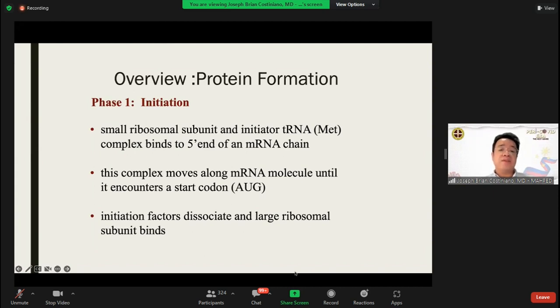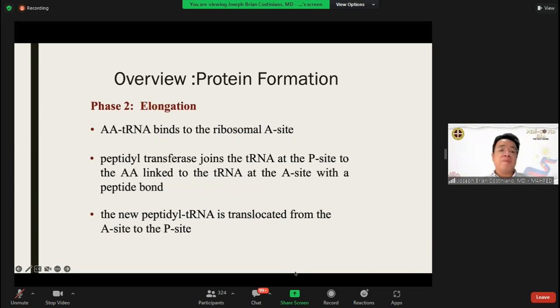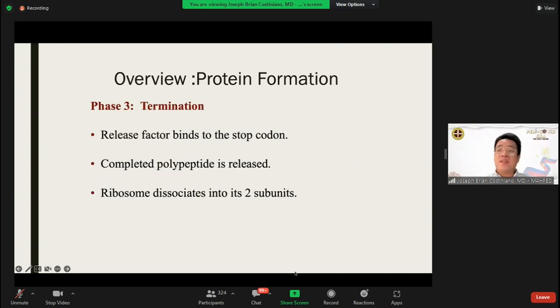Initiation factors dissociate and your large ribosomal subunit will then bind. Now, elongation is the process wherein your amino acid tRNA will bind to your ribosomal A site, and through your peptidyl transferase, the tRNAs link with your amino acid chain, until we elongate the amino acid chain based on the specific instructions of the codon.